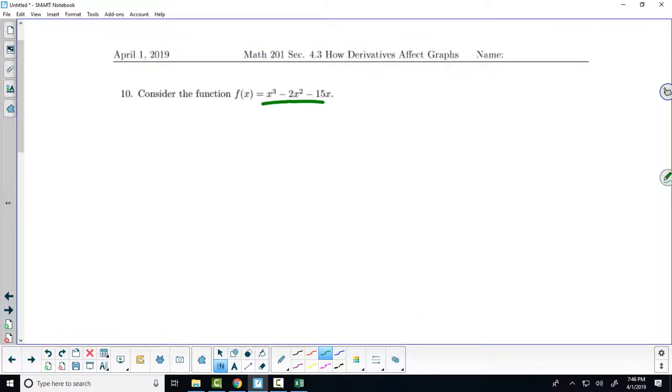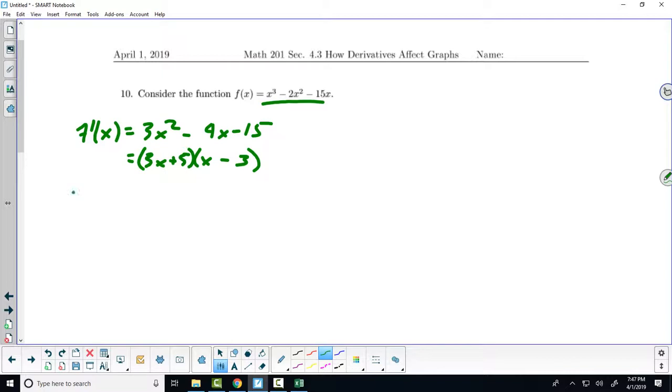To do so, let's start taking successive derivatives. Let's find f prime of x. This would be 3x squared minus 4x minus 15, which factors to be 3x and x and 3 and 5, and minus and plus.